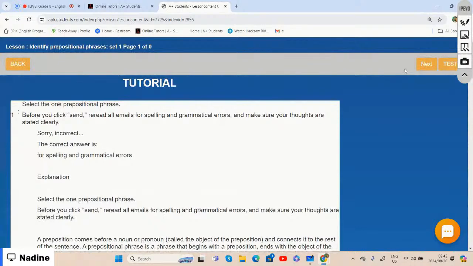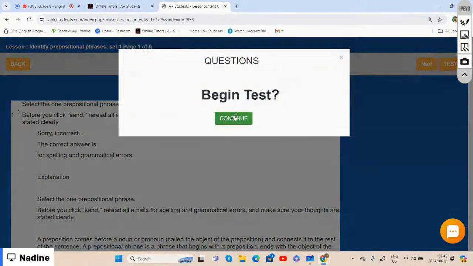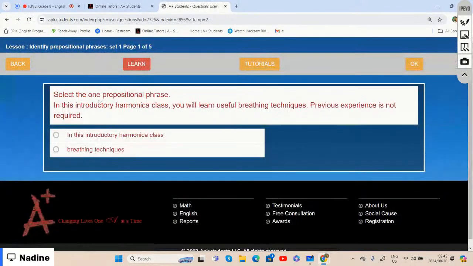All right, let's go to our test. We're going to select one prepositional phrase within this sentence. It says, in this introductory harmonica class, you will learn useful breathing techniques.